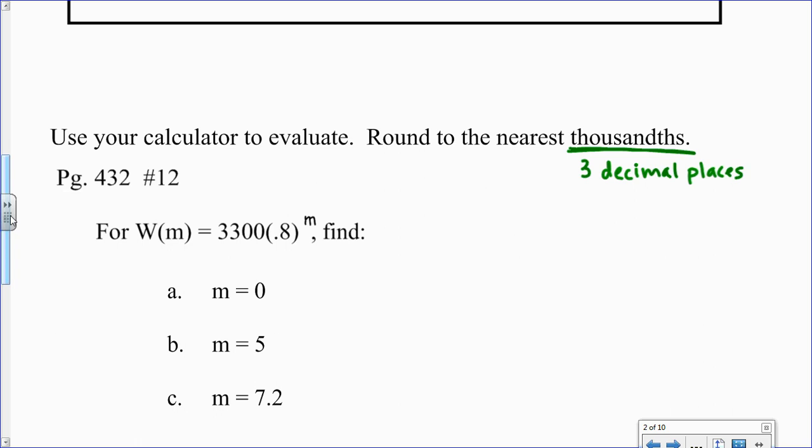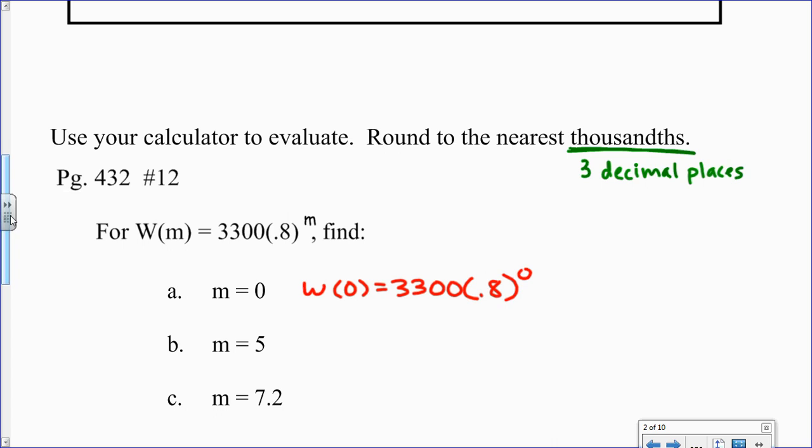So you're plugging in 0 for m. So W of 0. I would do, if you're using your phone, I would do the exponent part first, so order of operations.